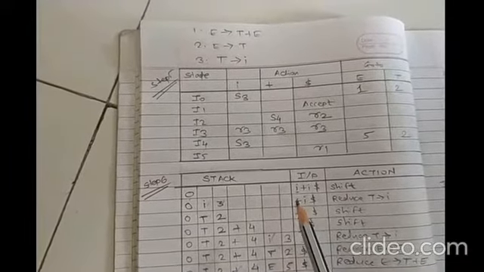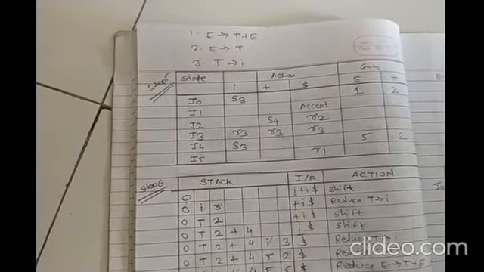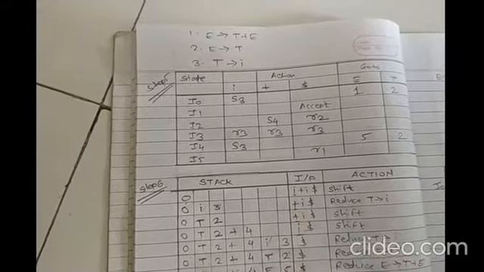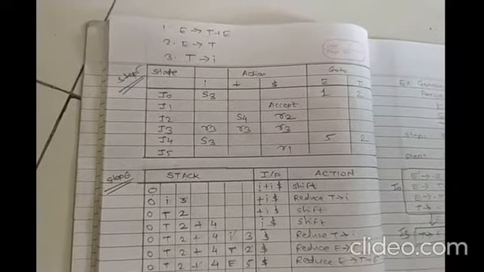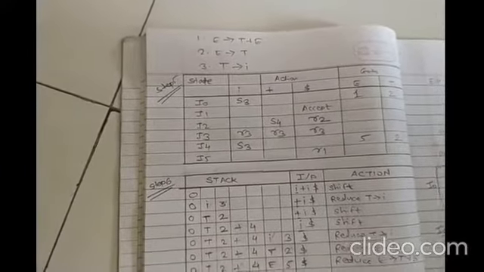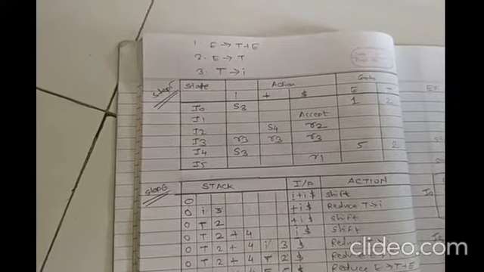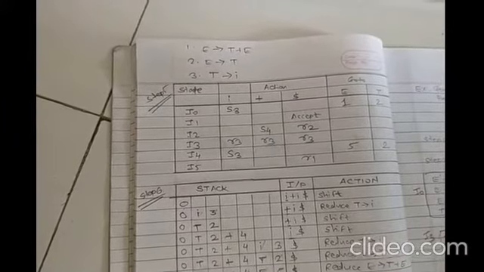So 2 on E, there is no such state available. 2 on E is not possible. So let us see. Now we will see 2 on dollar.